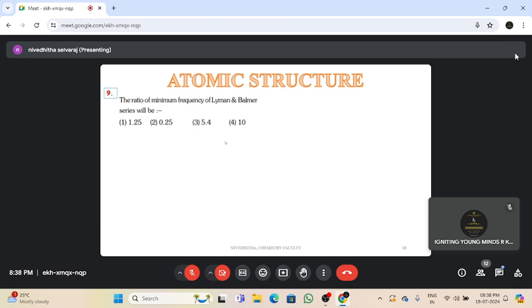You would have learned only one formula in this hydrogen spectrum, which is related to wave number, right? So you have to convert this wave number into frequency, check which has the minimum frequency in Lyman and Balmer, and divide those to get the answer.